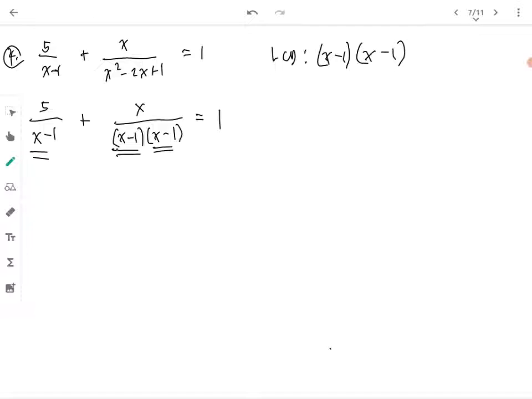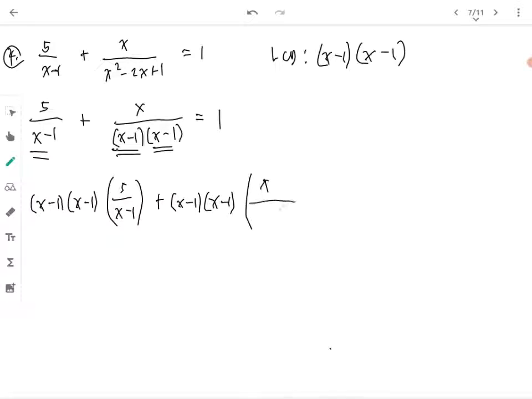Then we multiply all our terms by the LCD. So we have x minus 1 times x minus 1 times the first term plus x minus 1. You can actually name it as x minus 1 squared, but I want to write it as this so that everybody can follow.